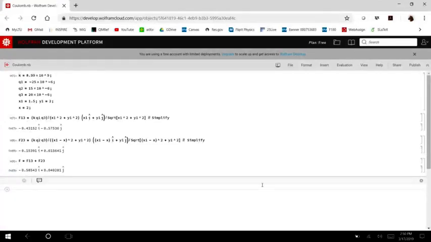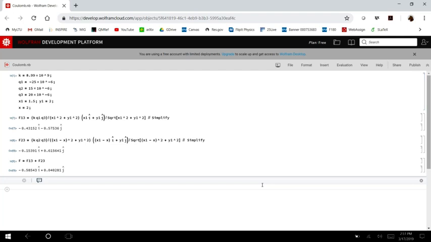I've written out k, which is 8.99 times 10 to the 9 in appropriate units, which in this case is newton meter squared over coulomb squared. And then Q1 is negative 25 times 10 to the minus 6 coulomb, Q2 is 15 times 10 to the minus 6 coulomb, and so on. Q3 is also written in coulombs, and then x1, y1, and x are written in meters.